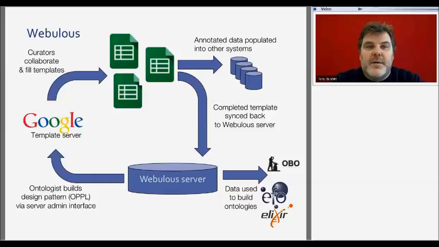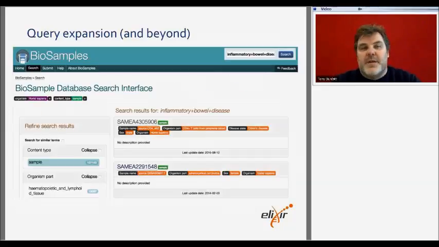And by taking these sample descriptions and mapping them well to ontologies, we get into the value that we get from that. So the key one for biosamples is query expansion and some slightly more advanced stuff on top of that. So we can say, if a user comes along to biosamples, starts querying for all the inflammatory bowel disease samples, we can show them things.